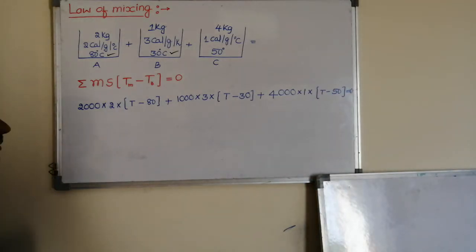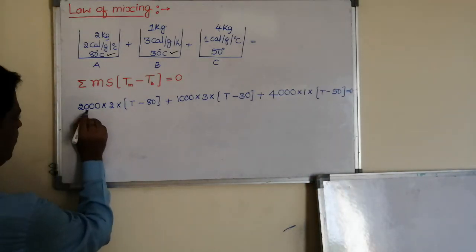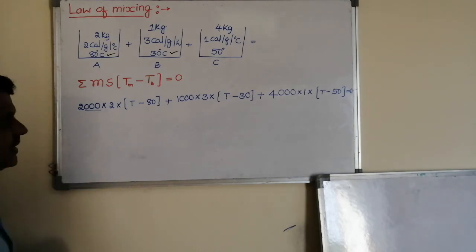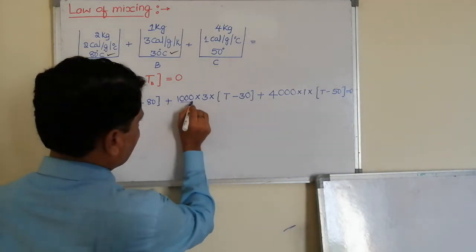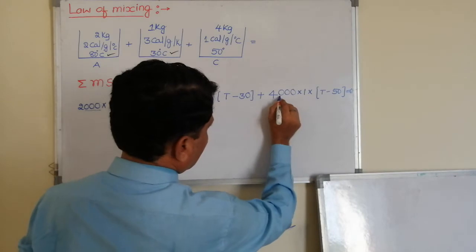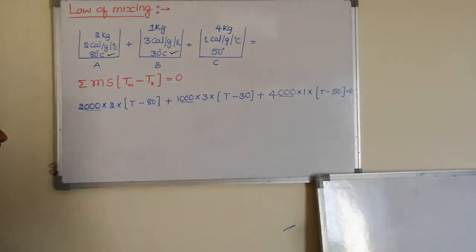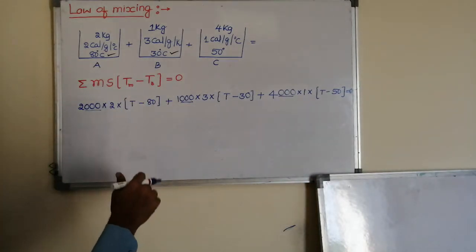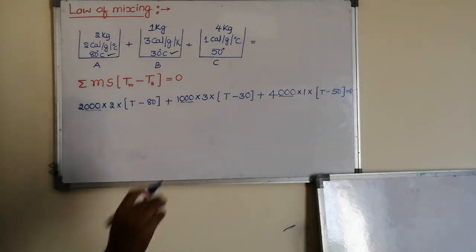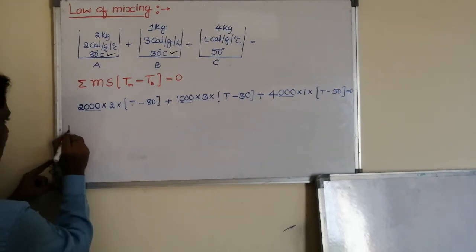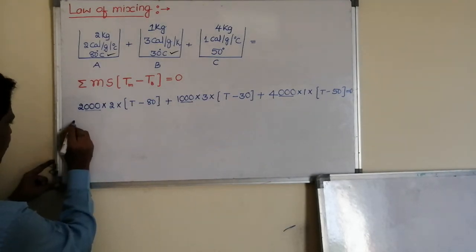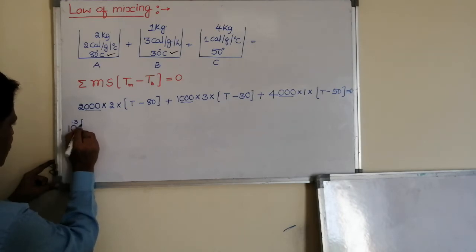Okay, see here 2 into 10 to the power 3 I can write. Here 2 into 10 to the power 3. Here also 2 into 10 to the power 3. So that 10 to the power 3 I can take it as common. So in the beginning only I will take 10 to the power plus 3 as common.